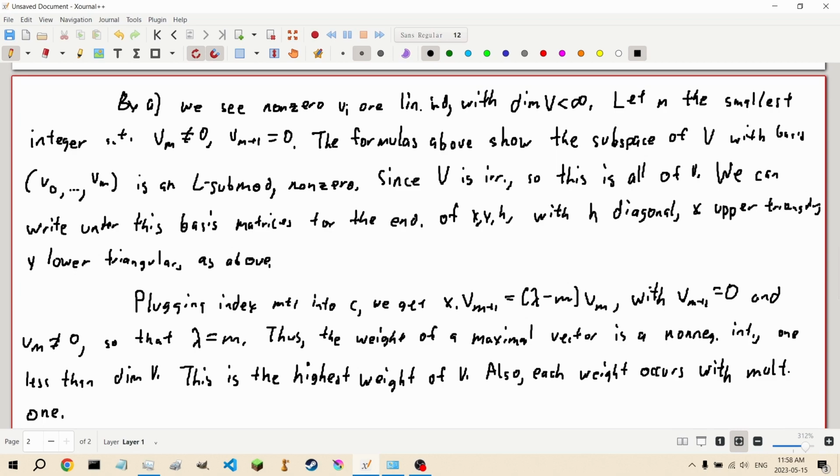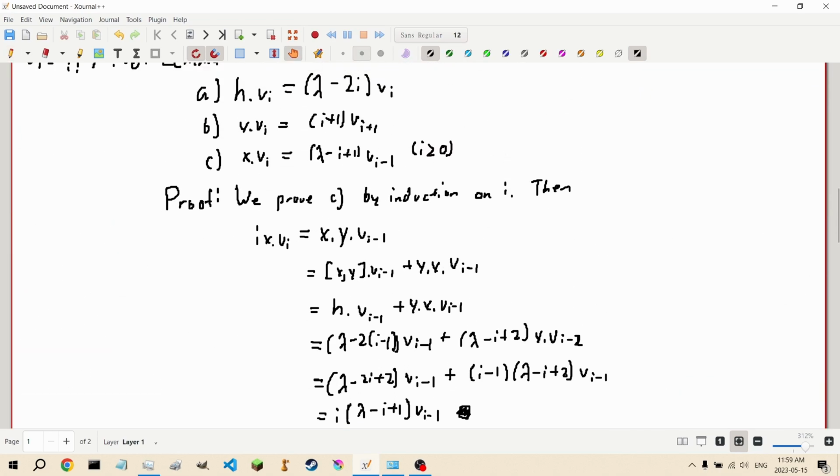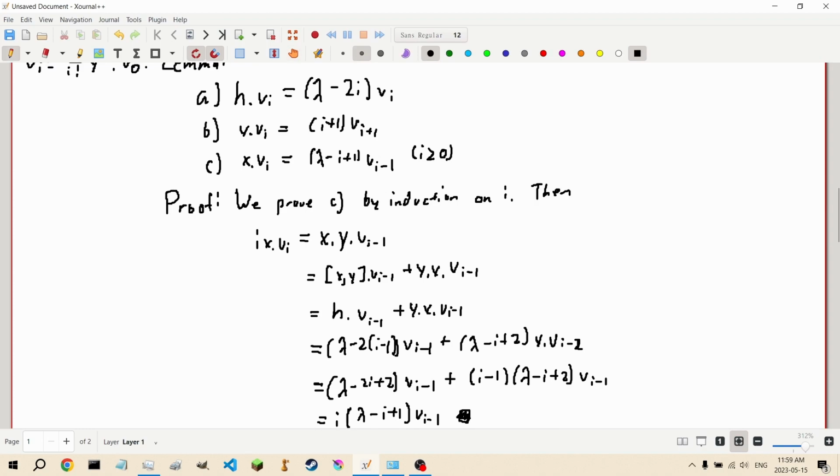So every eigenspace is either one-dimensional or zero-dimensional in this case, depending on whether or not there are actually vectors in it, by A, which, if you recall, is that h acting on v_i is (lambda minus 2i) v_i.